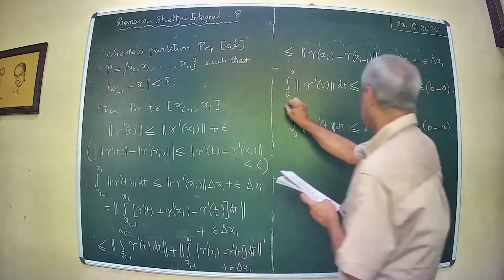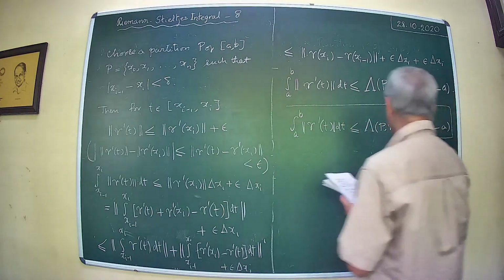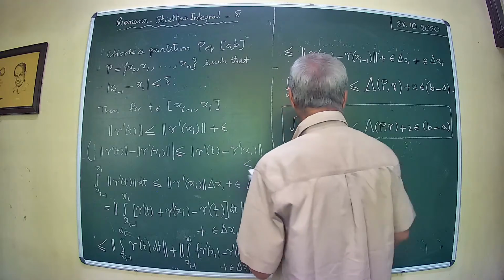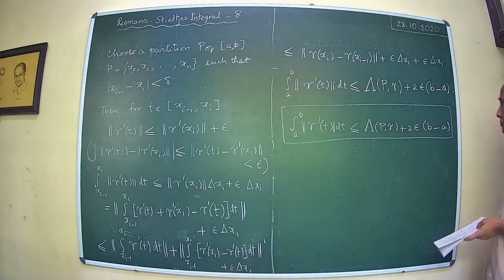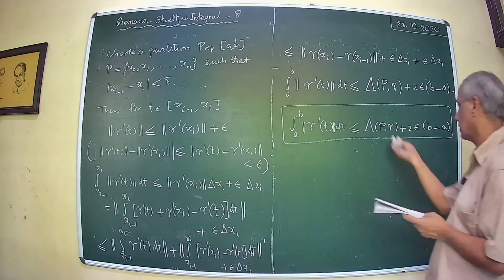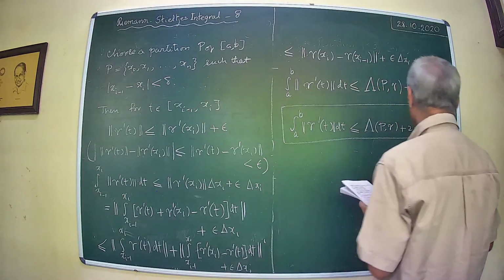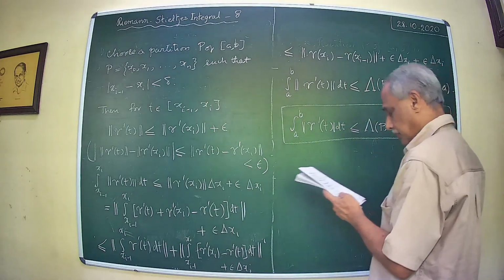Okay, so this is the inequality that emerges, and you know that this is true for all epsilon. Therefore, what you get?